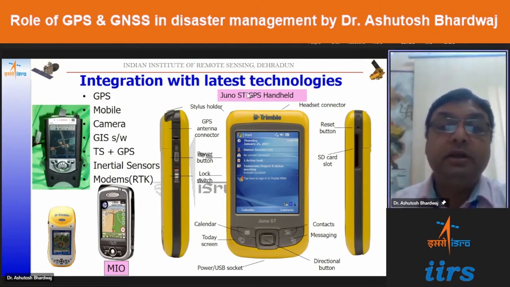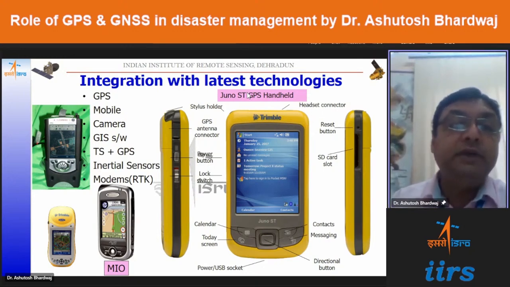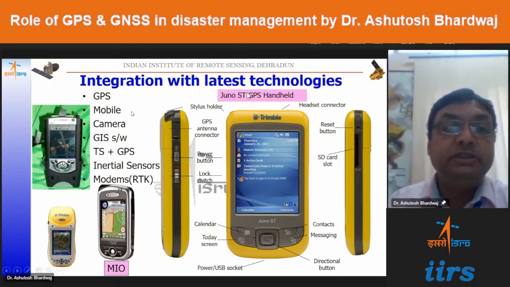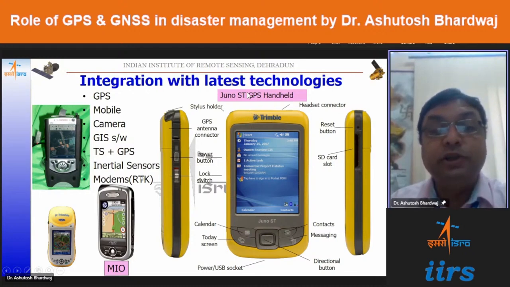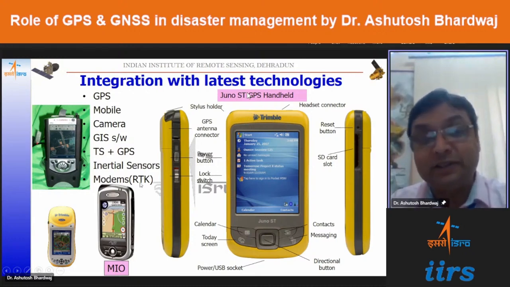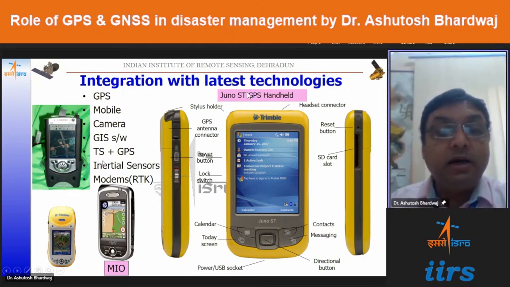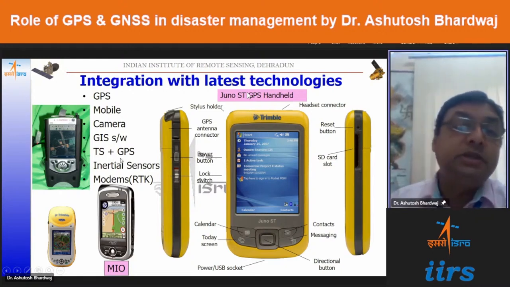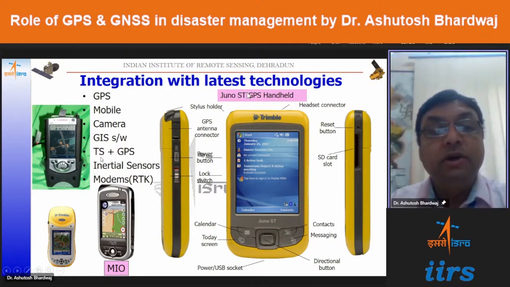So currently we have very integrated technology based solutions. We have GPS, mobile SIM based services, camera, GIS software, inertial sensors and modems all in a single system. Now there are systems like the Smart Station, released by Leica, and similar systems are available from Trimble also, which has a total station along with a GPS.